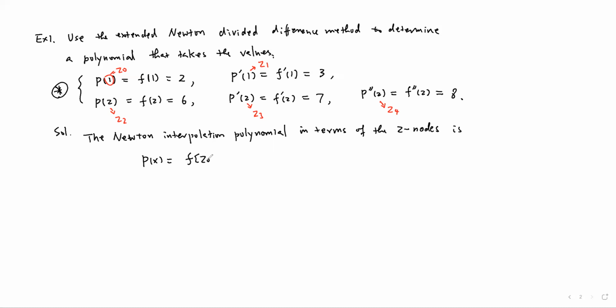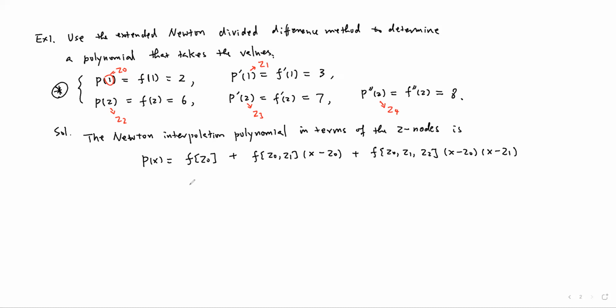The divided difference of f at C0 is the constant term. Then the divided difference at C0, C1 times x minus C0. Then plus the divided difference at C0, C1, C2 times x minus C0, x minus C1.